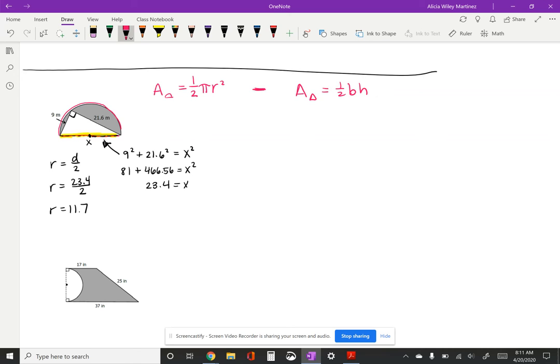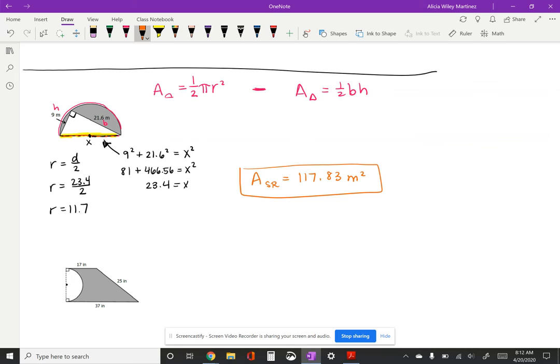The base of the triangle is 21.6. The height of the triangle is your 9. Going through the work, I'll give you the final answer so that you can give it a try on your own. The area of the shaded region will be 117.83 meters squared.